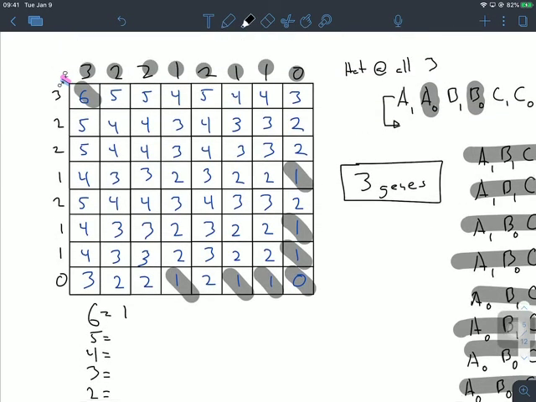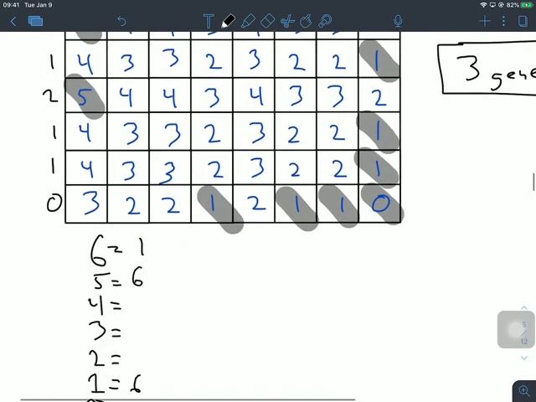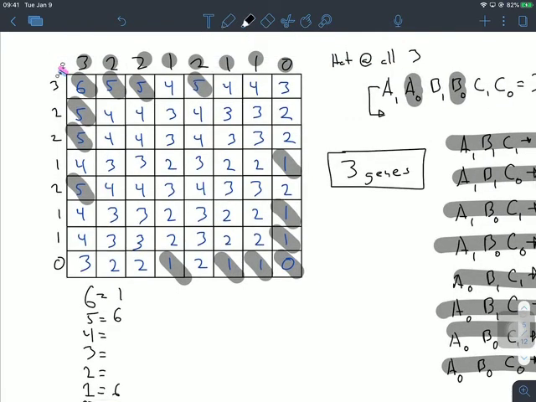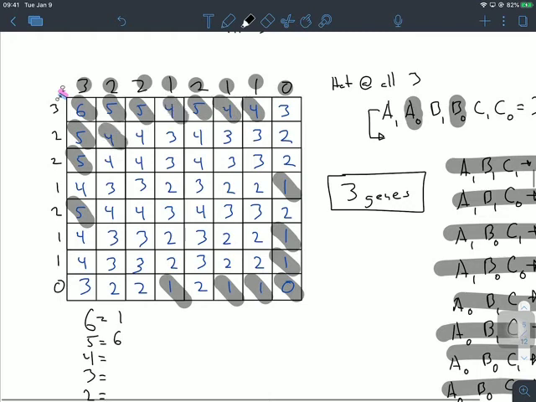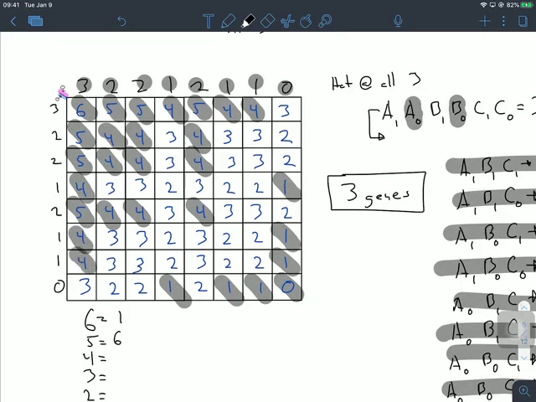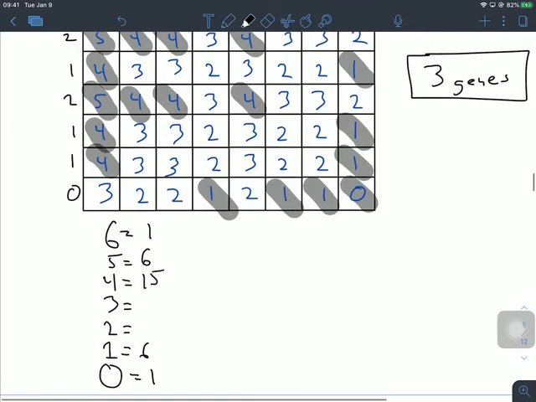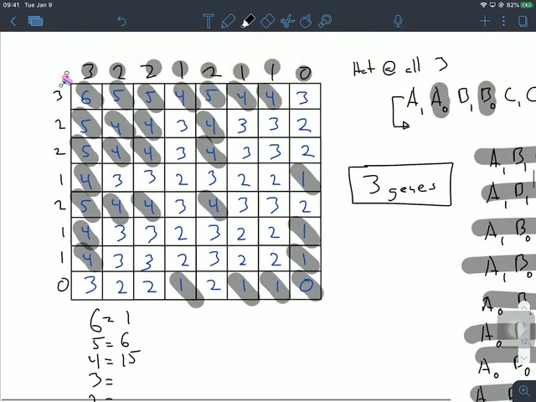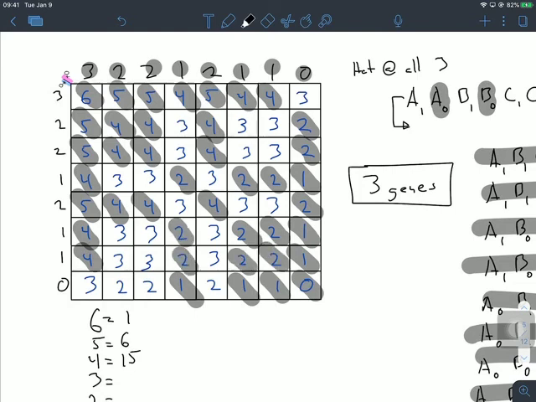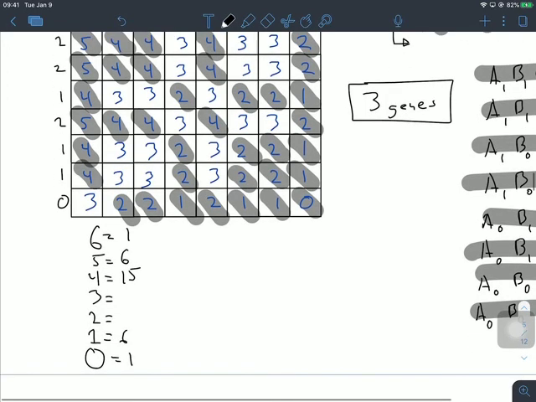In terms of 5s, if we're doing this correctly, we should have the same. 1, 2, 3, 4, 5, 6 of them. 4s. 1, 2, 3, 4, 5, 6, 7, 8, 9, 10, 11, 12, 13, 14, 15. 15 4s. 2s. 15 as well. Whew, I didn't mess it up.